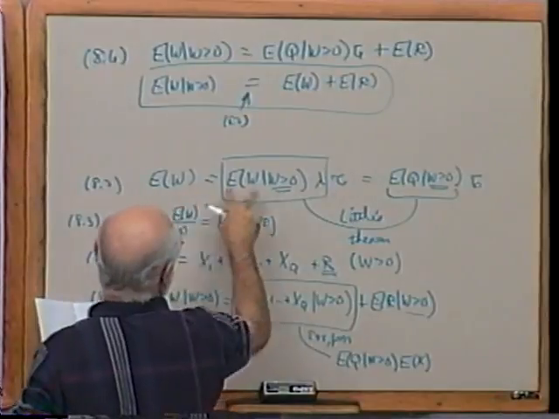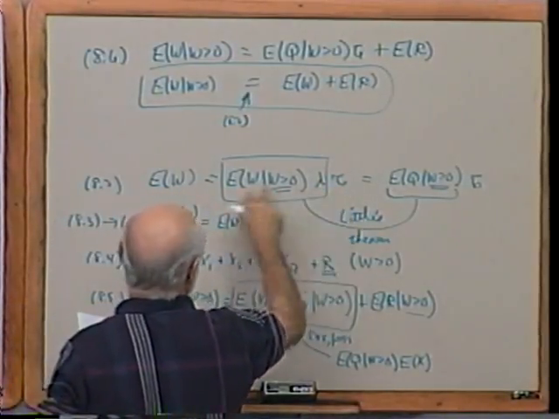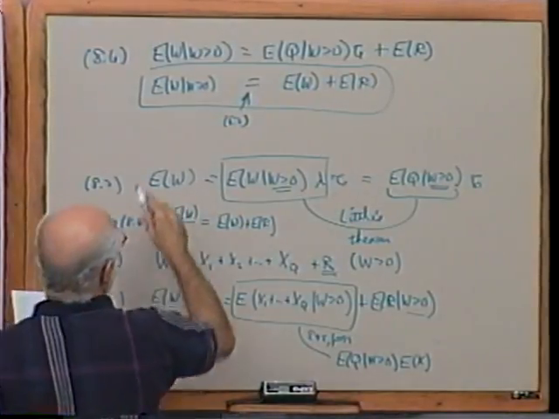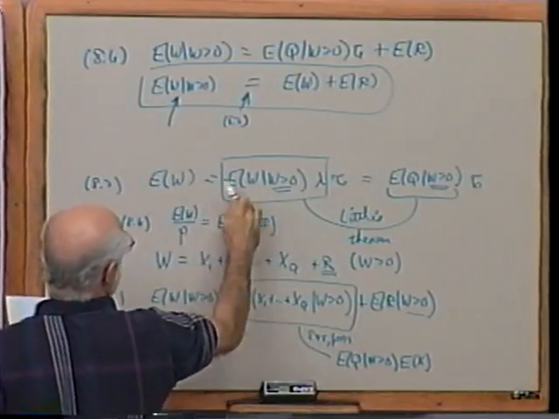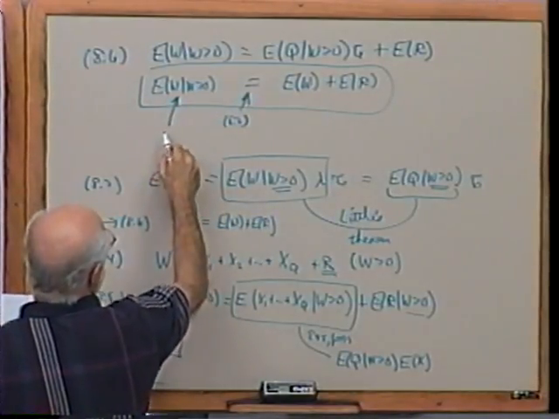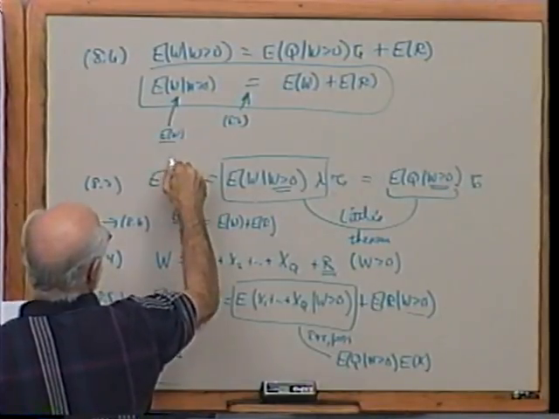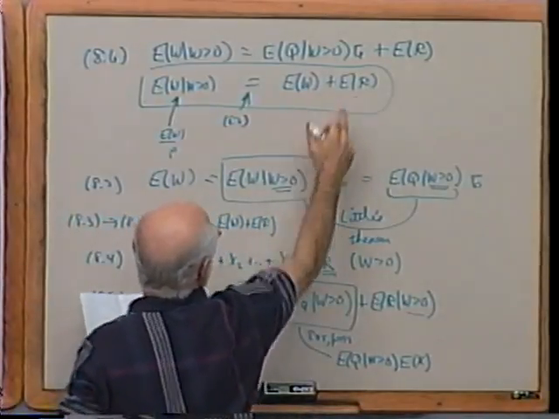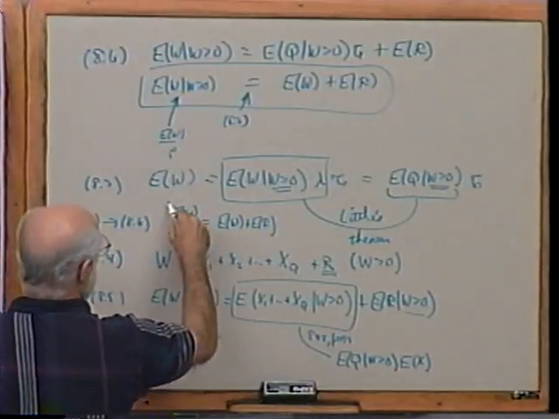So this piece is equal to that divided by lambda times tau, which is rho. So I replace this piece right here from 8.3 by EW over rho. So I have EW over rho equals EW plus ER. There it is right there.